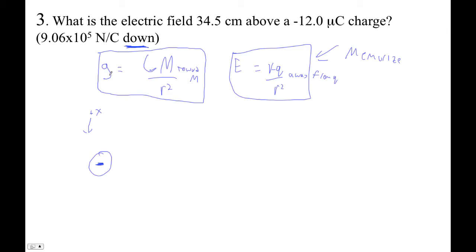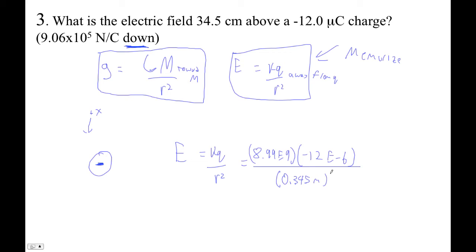Okay, so anyway, let's take a look at this guy here, right? So our electric field is KQ over R squared, which is 8.9989 times negative 12 E minus 6 divided by 0.345 squared.